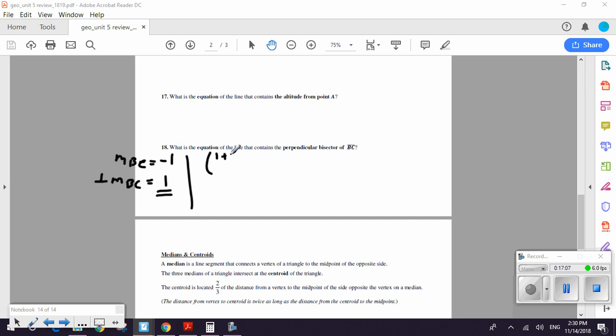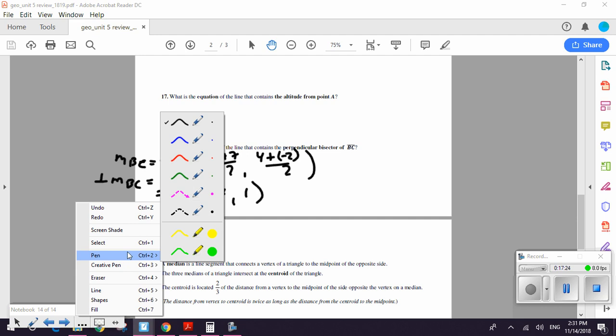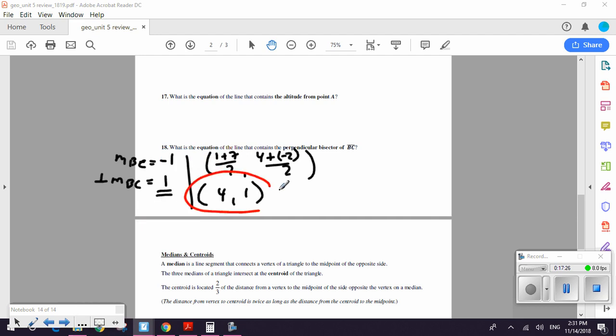So 1 plus 7 over 2, and then 4 plus -2 over 2. 1 and 7 make 8, divided by 2 is 4. 4 and -2 is +2, divided by 2 is 1. So use this point, the midpoint, and this slope to write your equation. Please continue on your own.